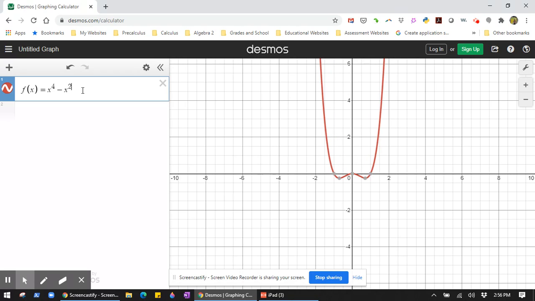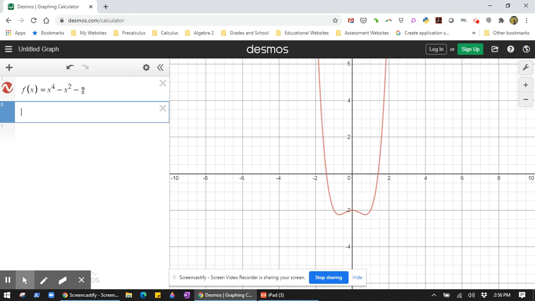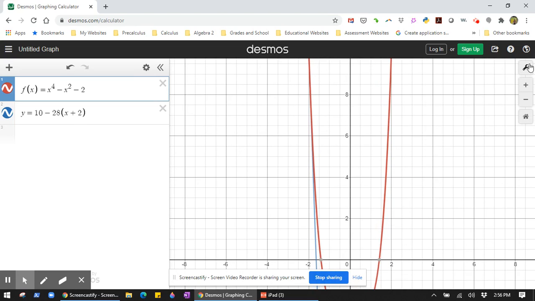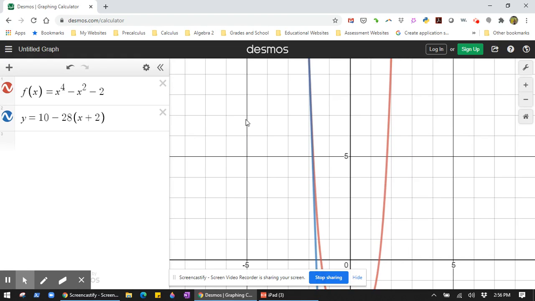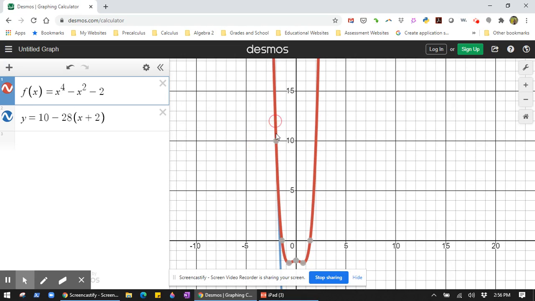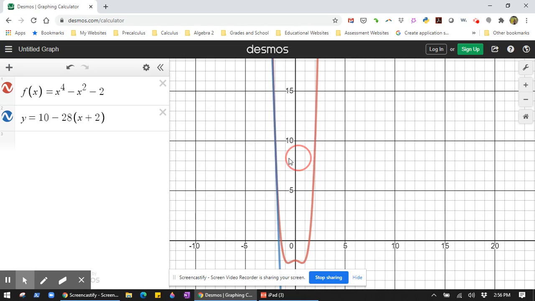And we came up with the tangent line that looks like this: y equals 10 plus -28, so minus 28, times (x plus 2). Okay, that is the tangent line. The tangent line touches the curve at x equals -2. And at this scale, you can't even tell them apart in some sense, right?